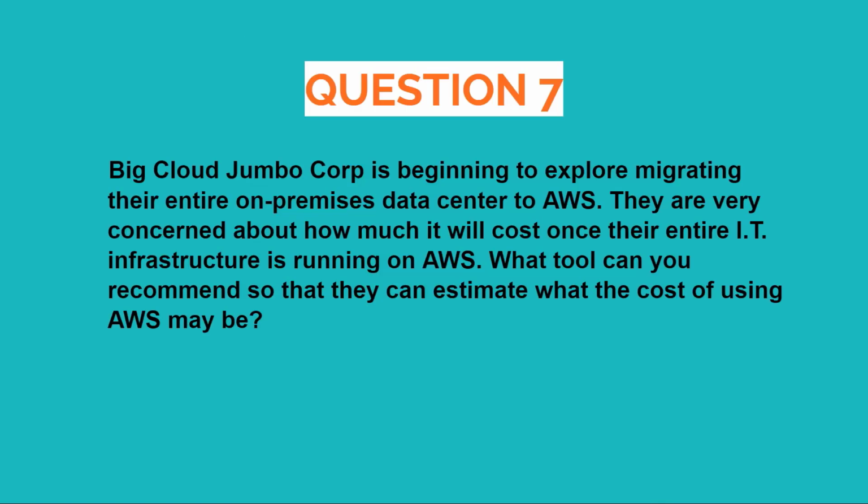Question. Big Cloud Jumbo Corp is beginning to explore migrating their entire on-premises data center to AWS. They are very concerned about how much it will cost once their entire IT infrastructure is running on AWS. What tool can you recommend so that they can estimate the cost of using AWS? Option.